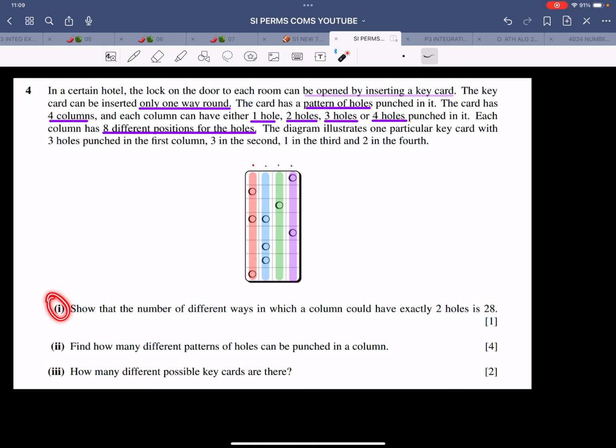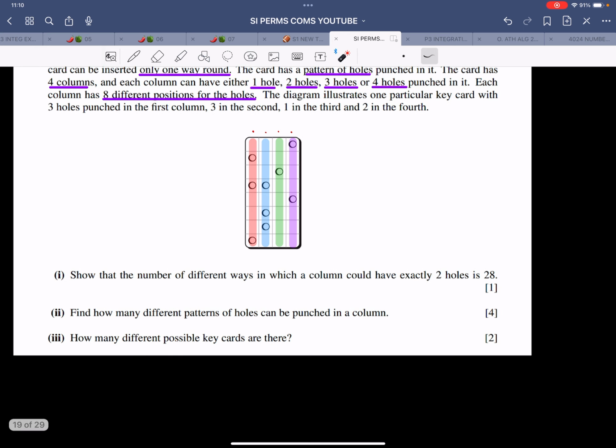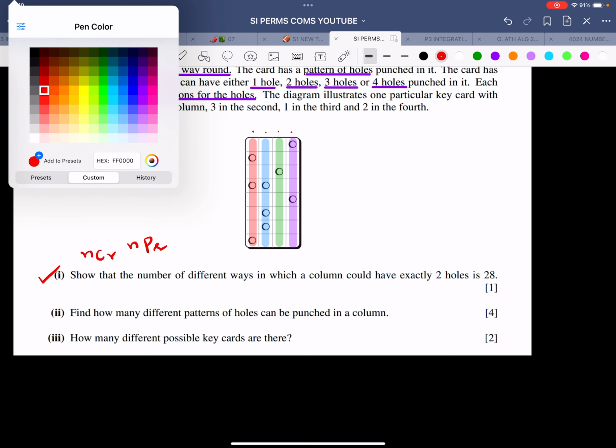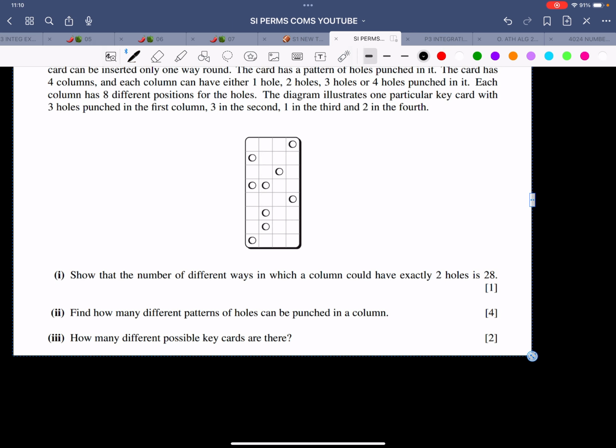The first part: show that the number of different ways in which a column could have exactly 2 holes is 28. Now in this very first part, we have to decide whether it's combination or permutation. So that is why they have given us this answer.